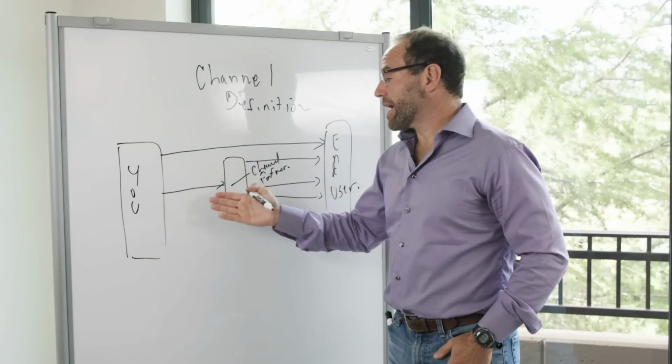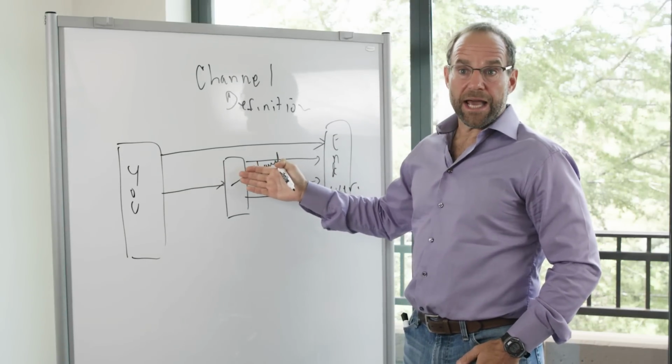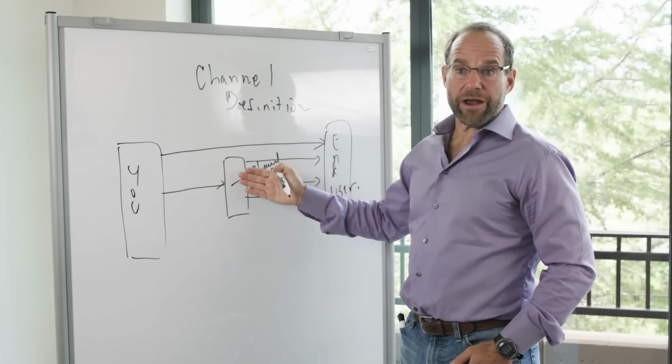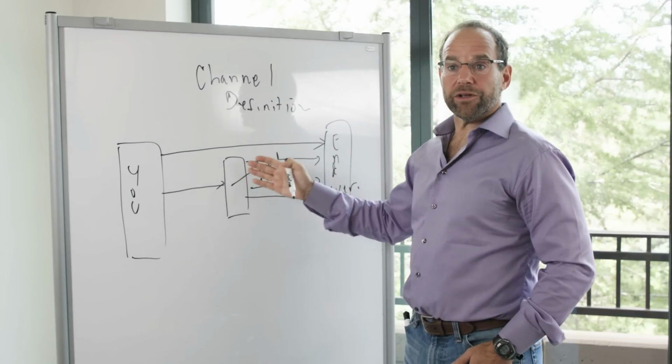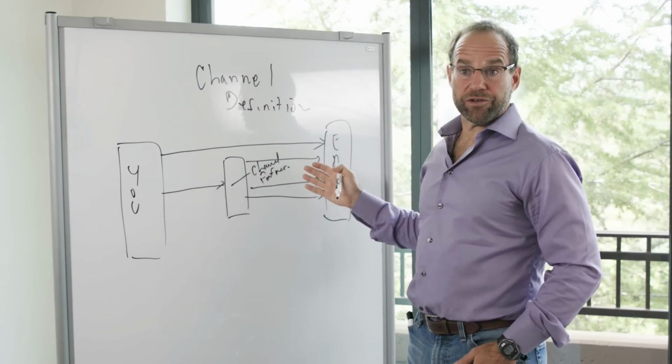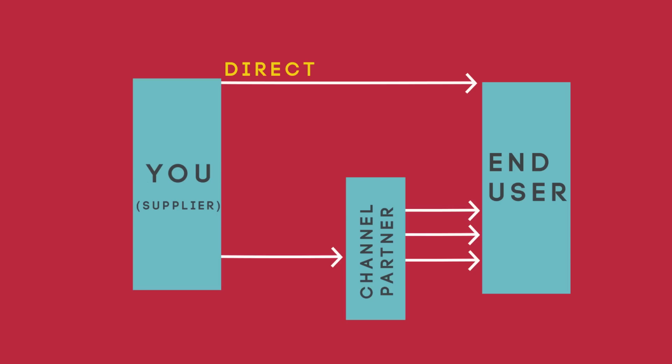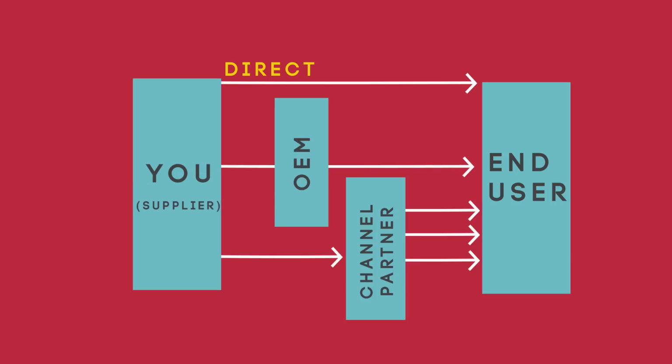In the world of tech, there are dedicated intermediaries, distributors, and channel partners who enable you to sell your product through their distribution mechanisms. The final way to market might be through another distribution partner called an OEM.